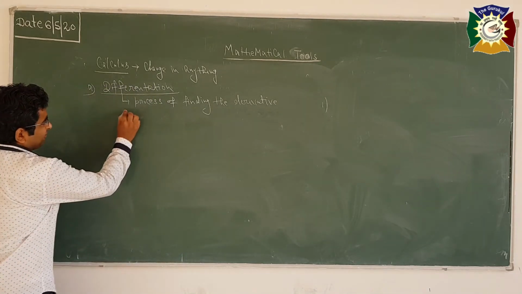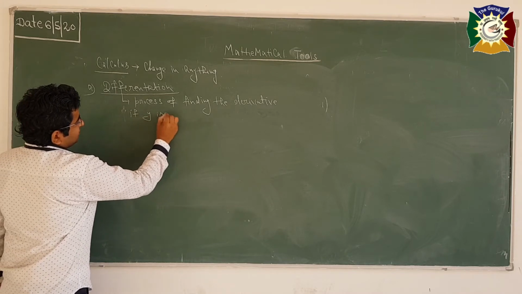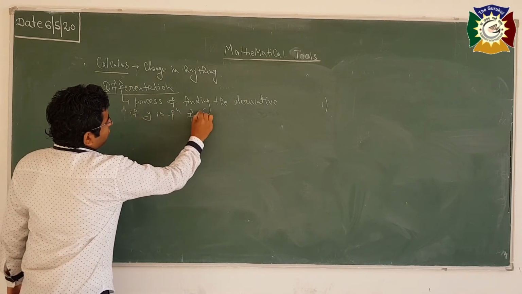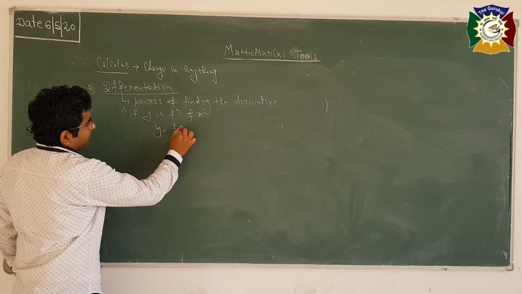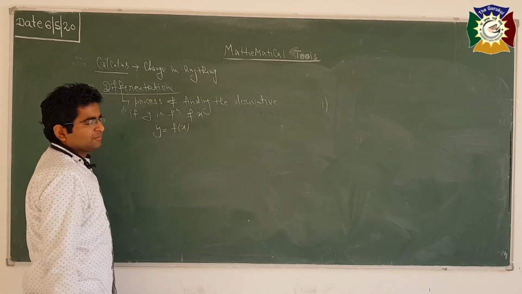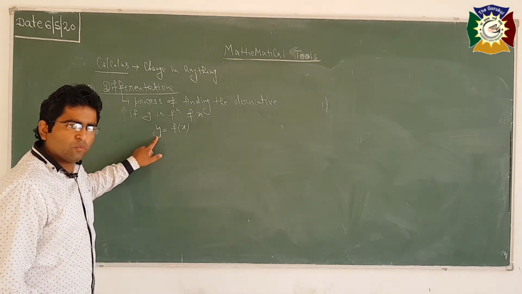For example, if y is a function of x, suppose y equal to f(x), it means if we change the value of x, then there will be a change in the value of y.